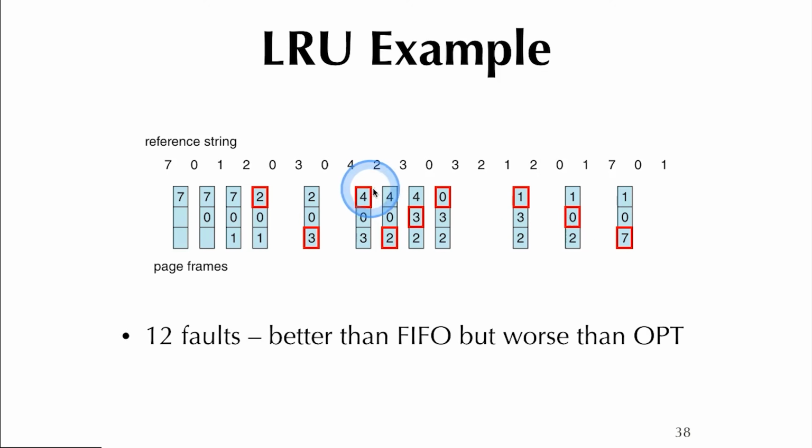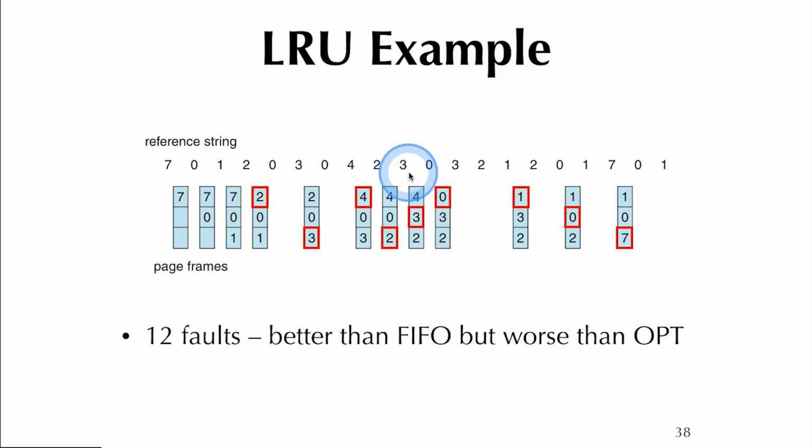And then 4, well, replaces 2 because 2 was oldest between 0, 2, and 3. But unfortunately, it couldn't look at the future because 2 has to be brought back in the next access, right? So, but okay, now it kicks out 3 because 3 is oldest, so it places 2 there.